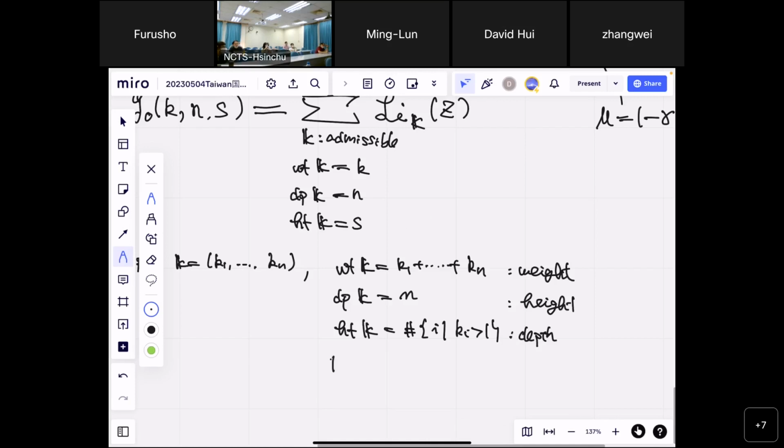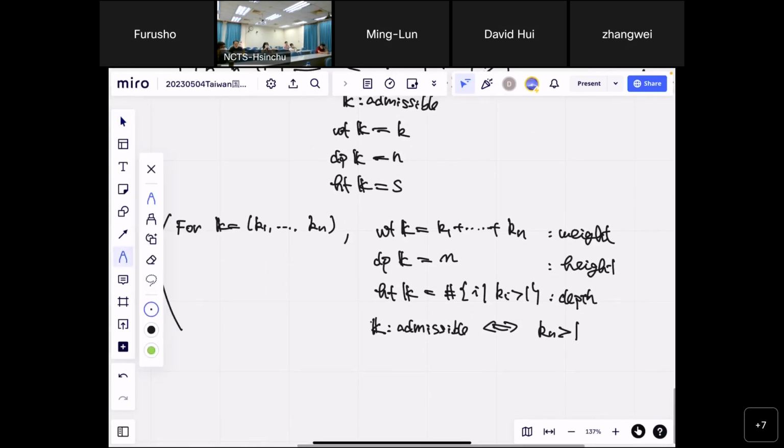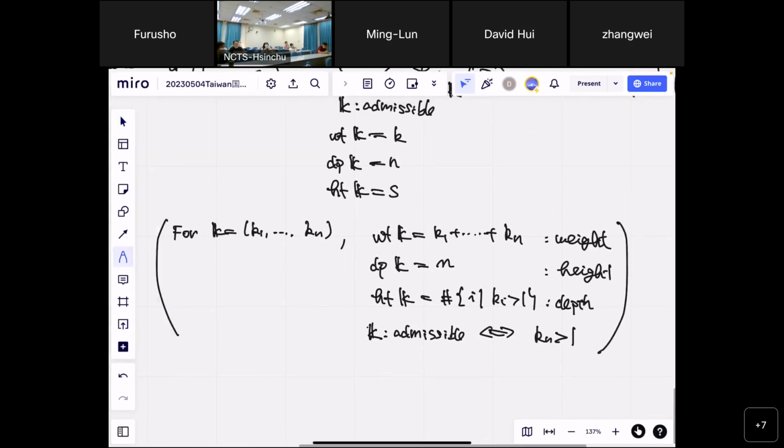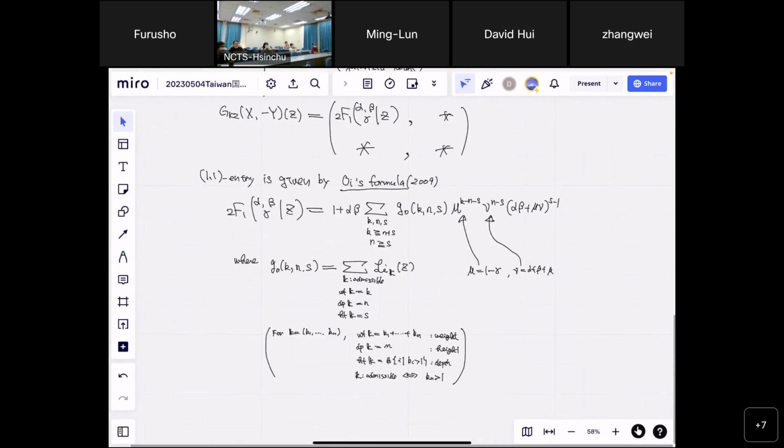And the case is called admissible if and only if the last component is bigger than 1. This is Oi's formula. This is a formula relating multiple polylogarithms and hypergeometric functions.